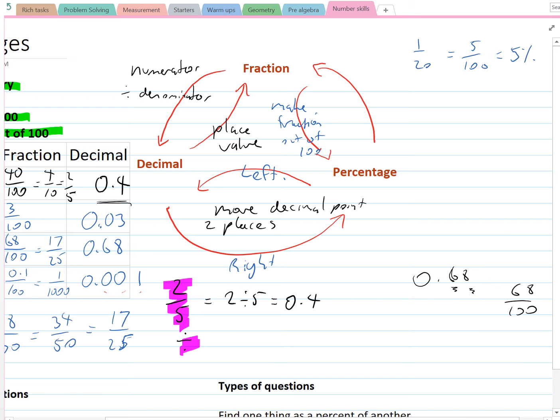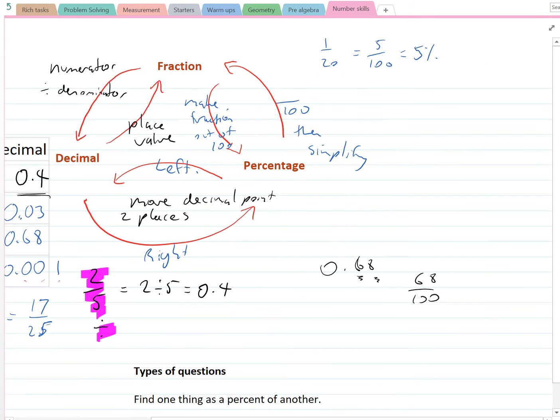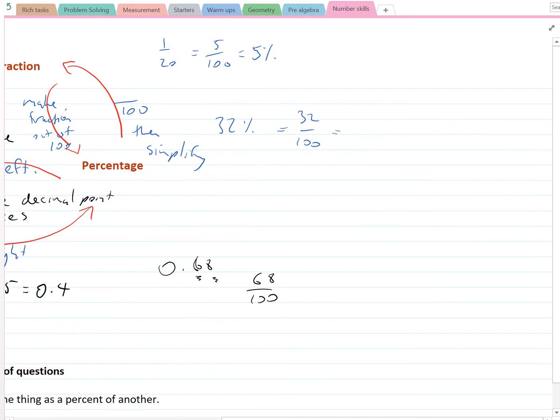Percentage to a fraction, it's out of 100. Same thing, it's out of 100. And then simplify. For instance, 32% equals 32 on 100, and I simplify 16 on 50, 8 on 25, that sort of idea.